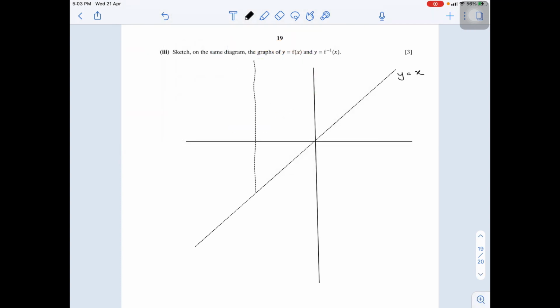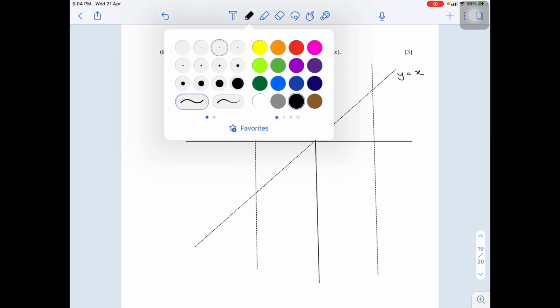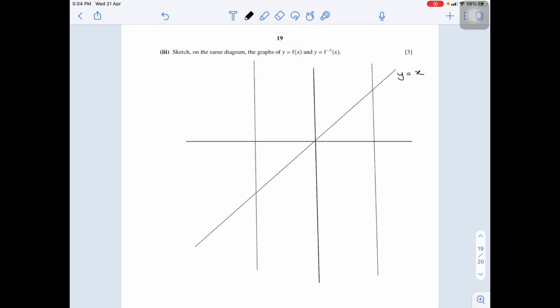f(x) is 3 tan(x/2) minus 2. It has asymptotes at negative pi over 2 and positive pi over 2. So I'm drawing the graph of that. It passes through negative 2.